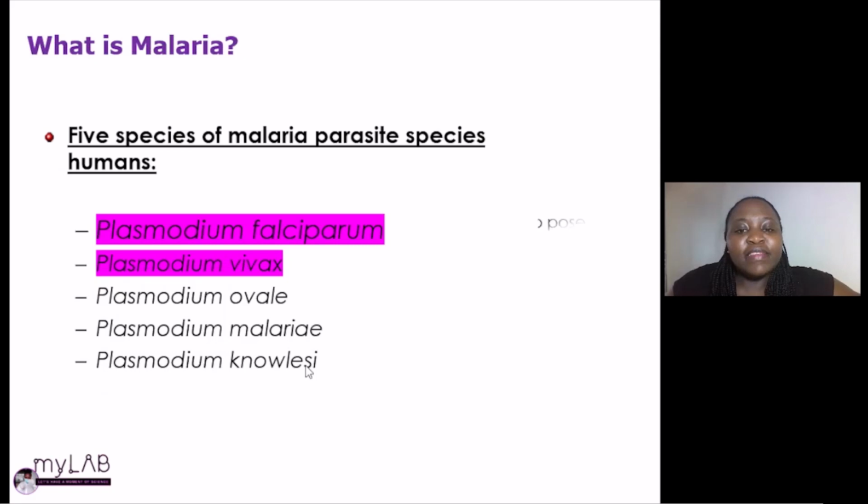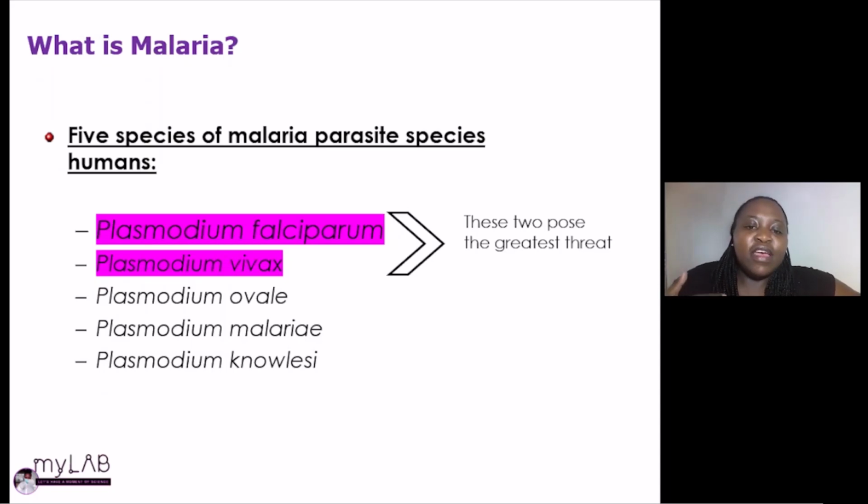And among these, usually we'll have Plasmodium falciparum and Plasmodium vivax as the ones that pose the greatest threat. So you will realize in the subsequent discussions of malaria, I'm most likely to be talking about Plasmodium falciparum and Plasmodium vivax.